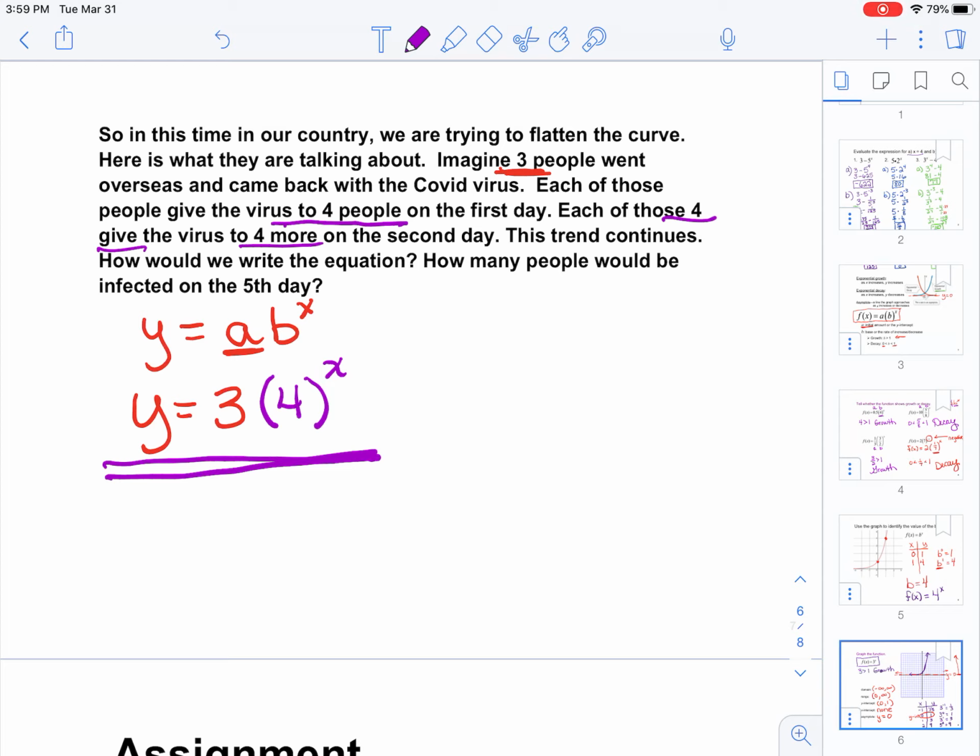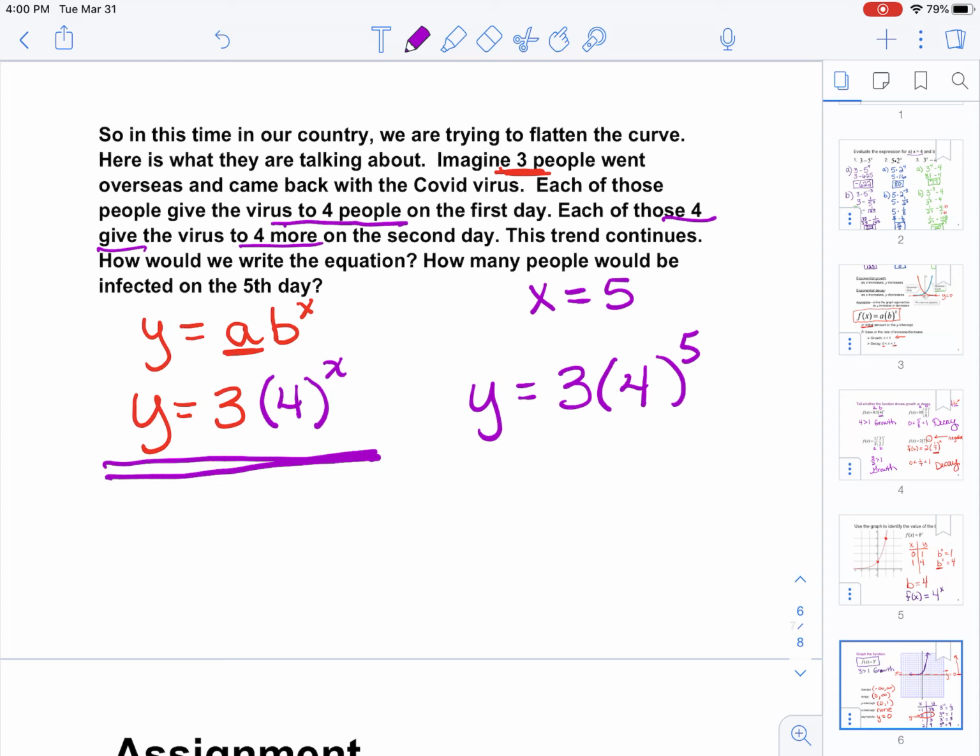Now the last statement says, how many people would be infected on the 5th day? That means our x value equals 5. And we're going to plug that in. So y equals 3 times 4 to the 5th power. Don't forget, you cannot multiply that 3 times that 4 first.